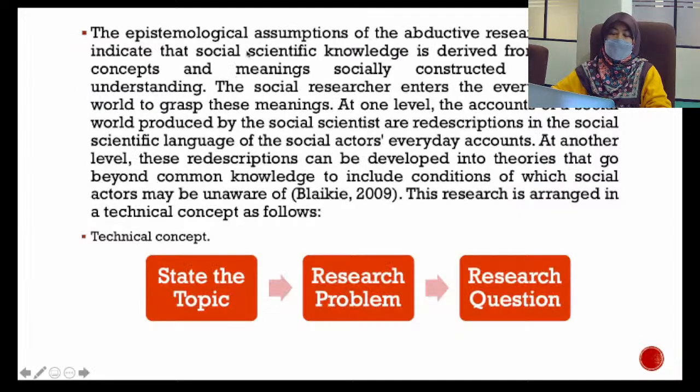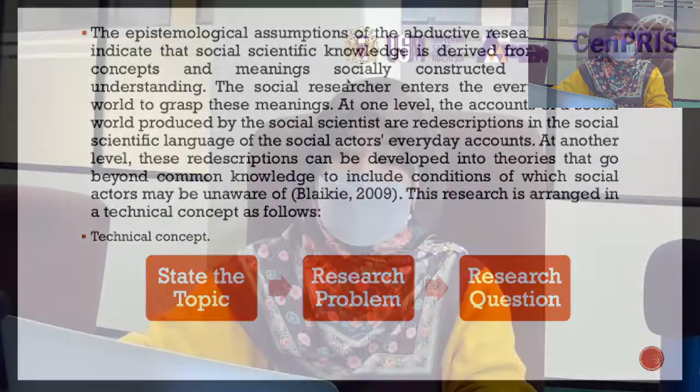The epistemological assumptions of the abductive research strategy indicate that social scientific knowledge is derived from everyday concepts and meanings socially constructed in mutual understanding. The social researcher enters the everyday social world to grasp their meanings.